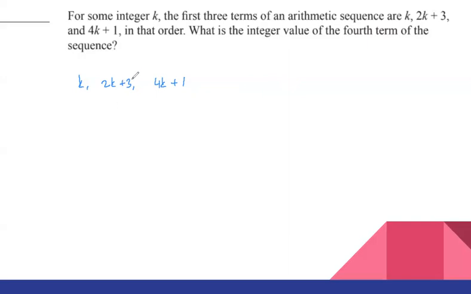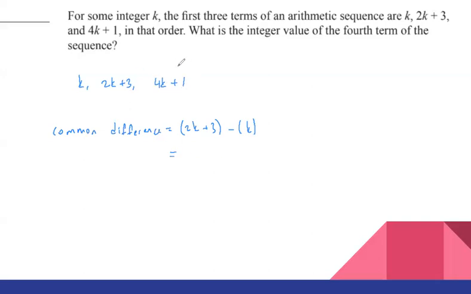So if that's the case, if I subtract the first term from the second term, I should find a common difference. So that means the common difference for our terms is actually the second term, which is 2k plus 3, minus the first term, which is k. This will be the common difference, but this is not the only thing.